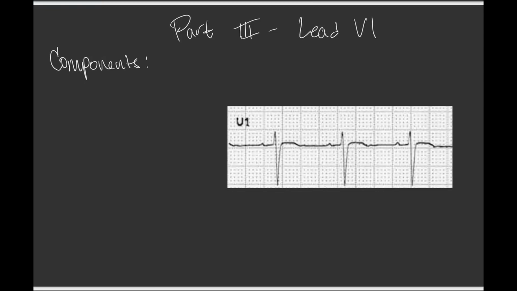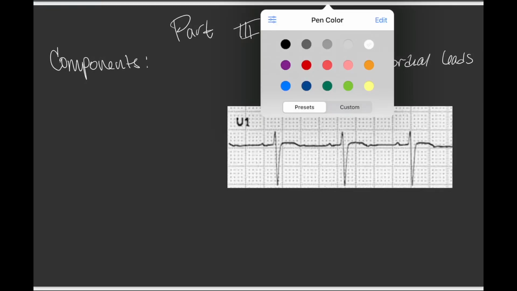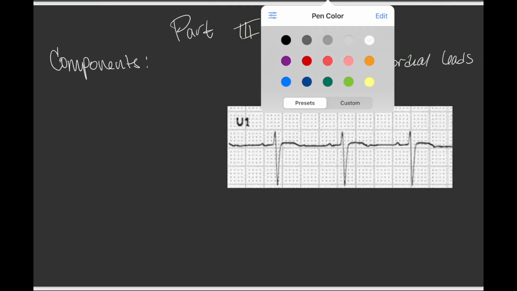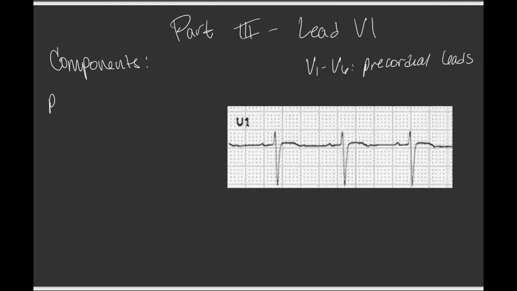We're now getting to the precordial leads. So V1 through V6 are the precordial. And some characteristics about V1 is that the P wave is biphasic.